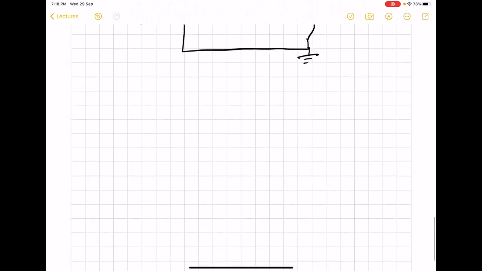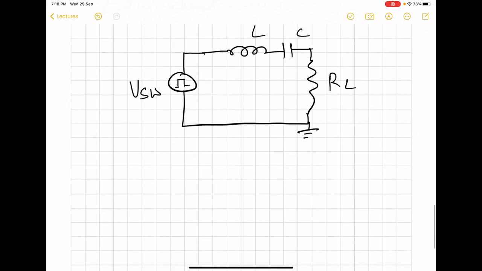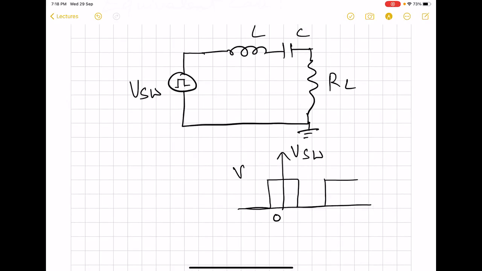So we have a square wave source which is exciting this LCR, and it switches between VDD and 0.